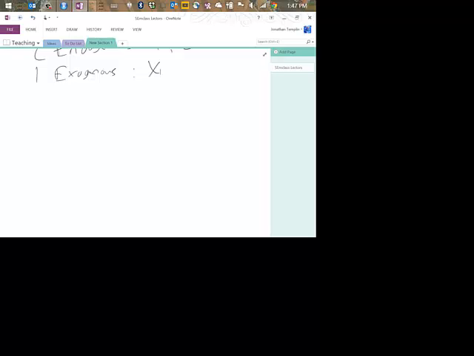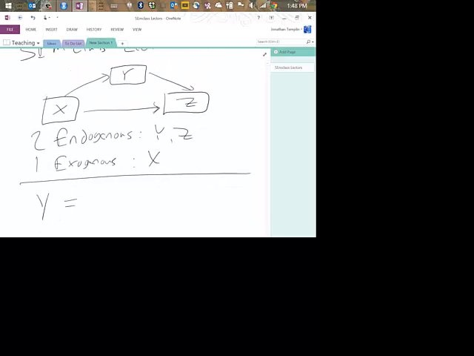I have little patience for technology at the moment. So right here, we have two equations. Since we have two endogenous variables, those two equations are for y and z. So what is the regression equation for y?